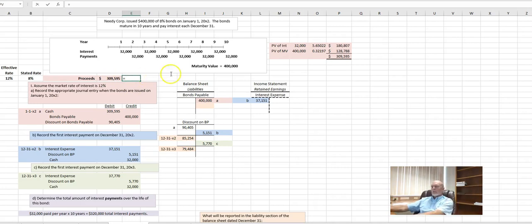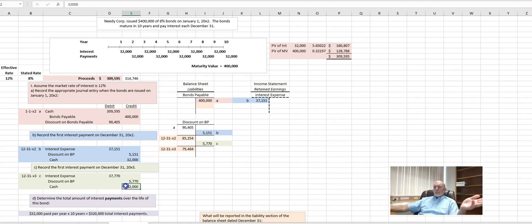It's now equal to the 400 minus the remaining discount. So the carrying value has gone up by the amount of the discount that we amortized. And now in the second year, the interest expense is that new carrying value times the 12%.